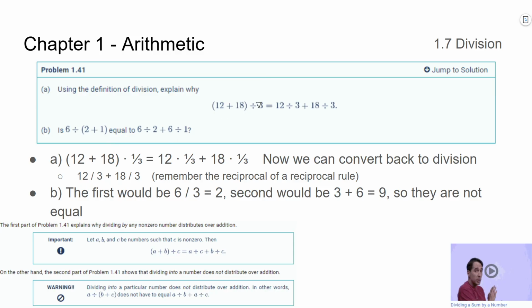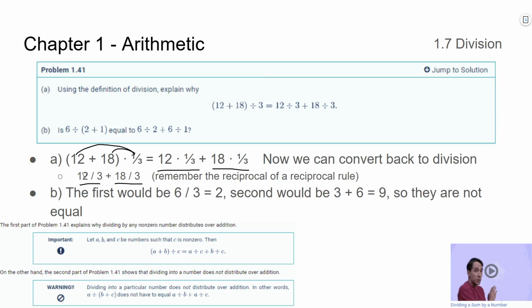And then we know that with the distributive property, we can distribute this 1/3 across both of these. That becomes 12 times 1/3 and 18 times 1/3. And now if we want, we can convert that back to division again. So that's going to be 12 divided by 3 and 18 divided by 3.